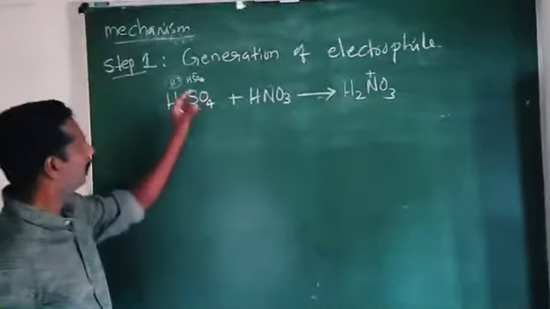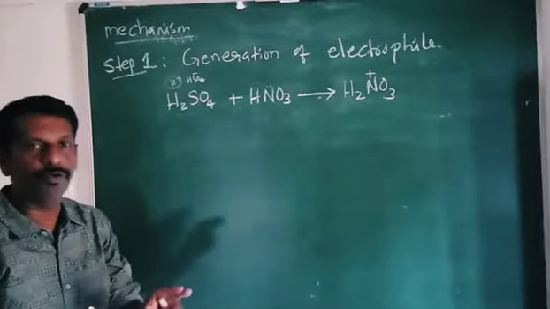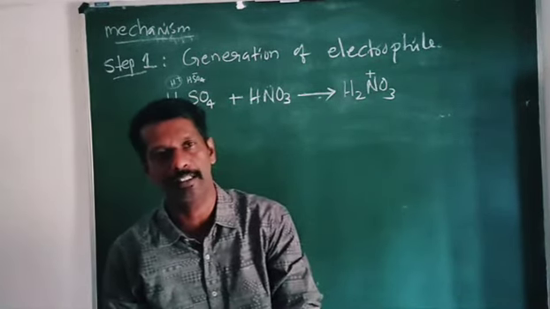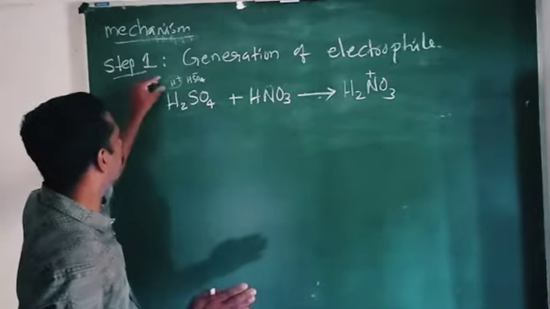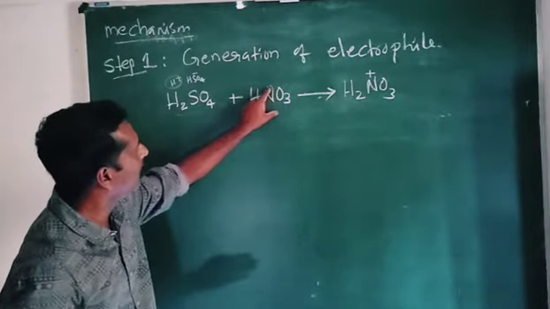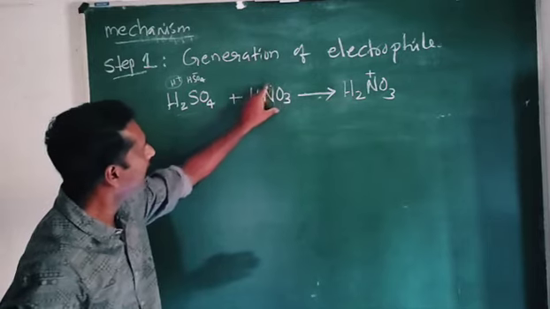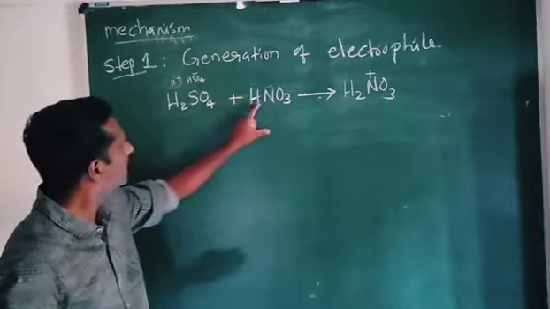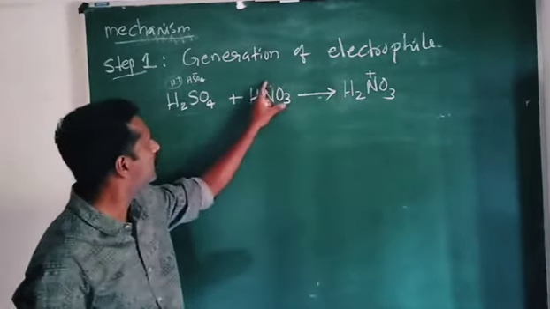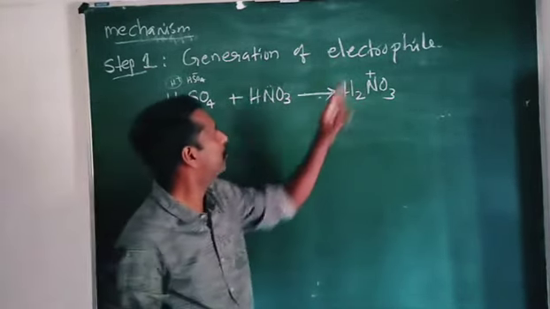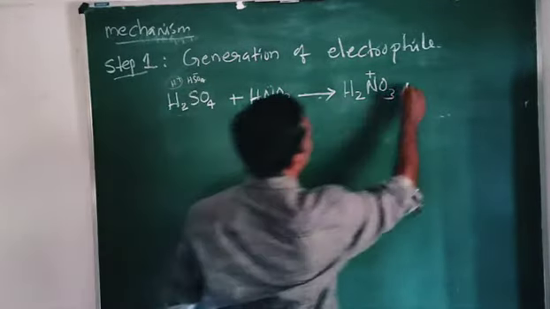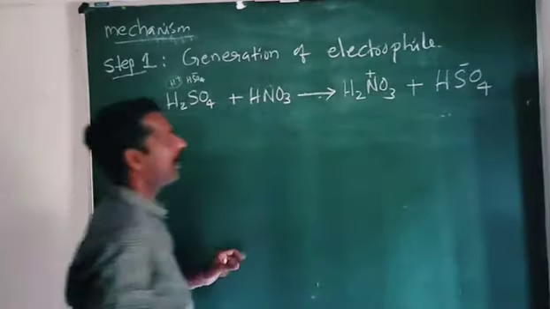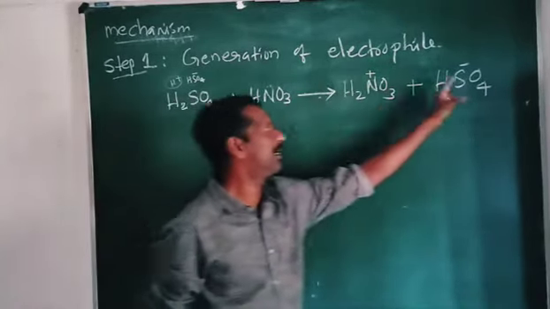The nitrogen is donating its lone pair and will abstract this H plus. Since it is donating a pair of electrons, it will get a positive charge. The other product is HSO4 minus. So we get H2NO3 plus and HSO4 minus.